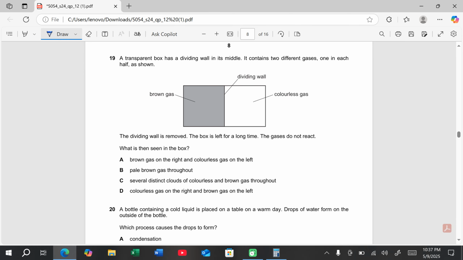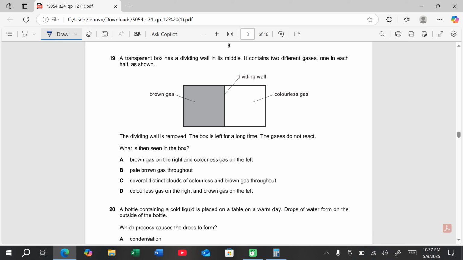A transparent box has a dividing wall in its middle. It contains two different gases, one in each half as shown. The brown gas is colored and the other gas is colorless. The dividing wall is removed, the box is left for a long time, and the gases do not react. What is seen in the box? You'll be seeing diffusion in this, as you might have studied in chemistry.